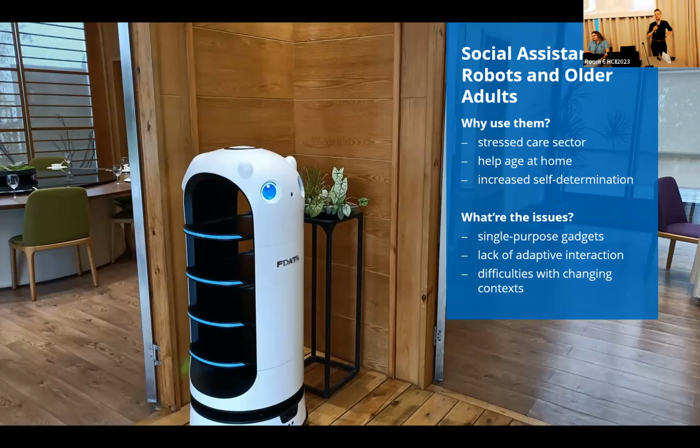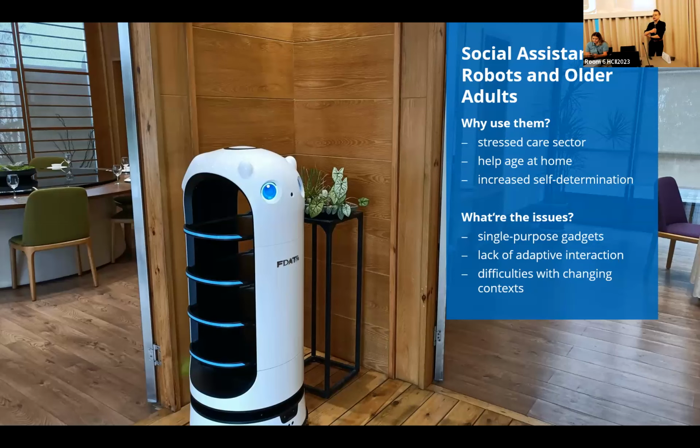I said in the beginning of the session already that our common ground is that we have an aging society and a stressed caregiving sector. So this motivates us to use modern technology to assist older people in the future during daily activities and to increase their self-determination. One approach there is to use robots, so social assistance robots that work for and at home with the older people.